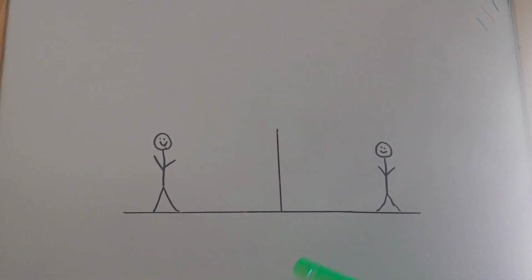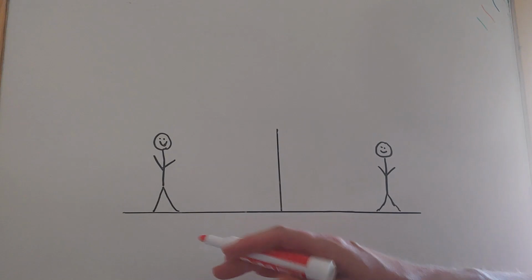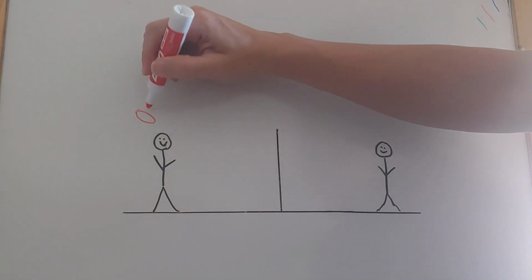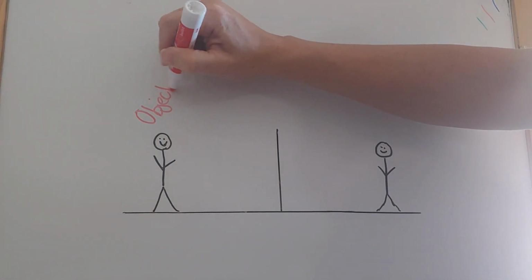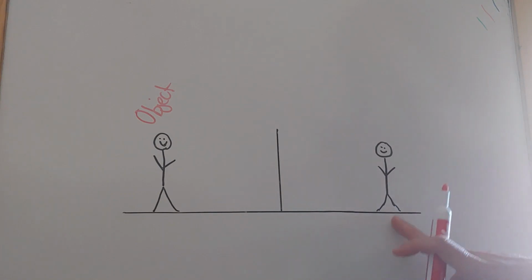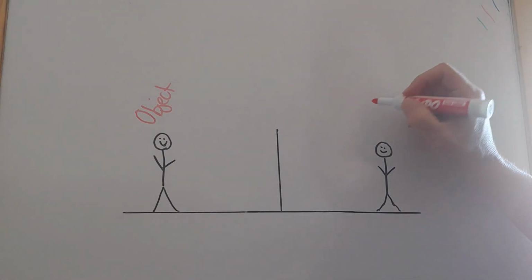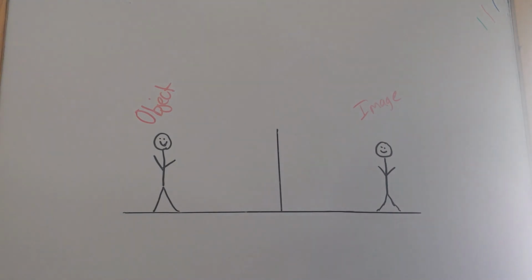Okay. So here we have one of my amazing drawings. We have a picture of a stick figure, and he is our object. This is the mirror, and then behind the mirror over here is going to be his image. And as we already discussed, it is a virtual image because he's not actually there.